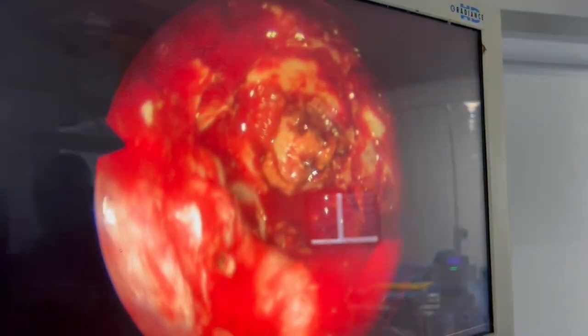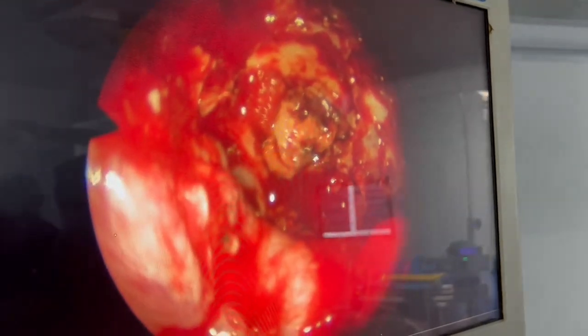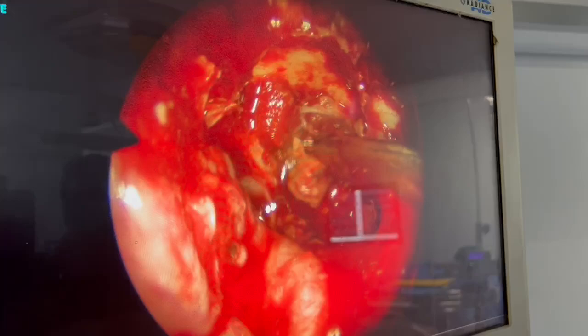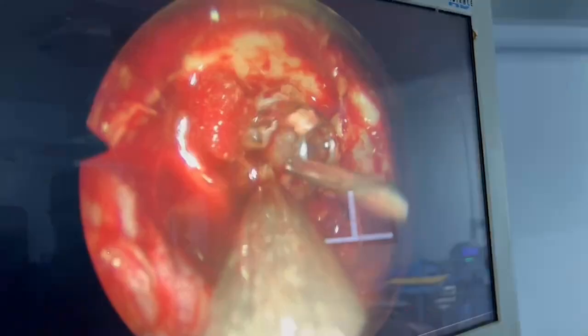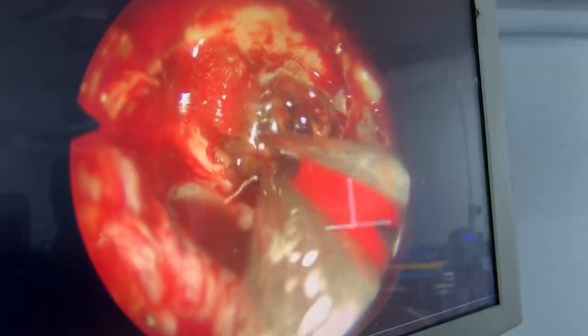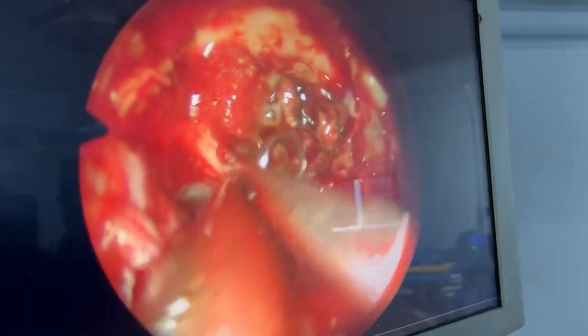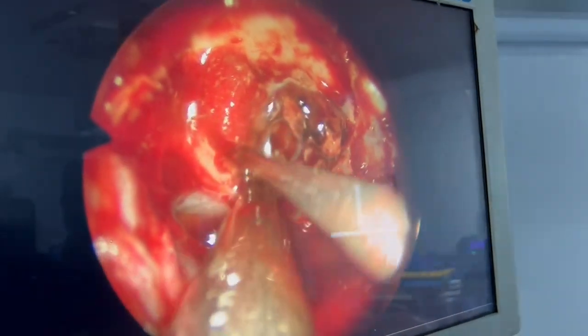After achieving hemostasis all around, sellar floor reconstruction should be done with fat, fibrin glue, and nasoseptal flap repositioning. After clearing the central part, you have to remove the superior part. You can see in this case the superior most part of the tumor coming. Behind that, you can see the arachnoid falling.